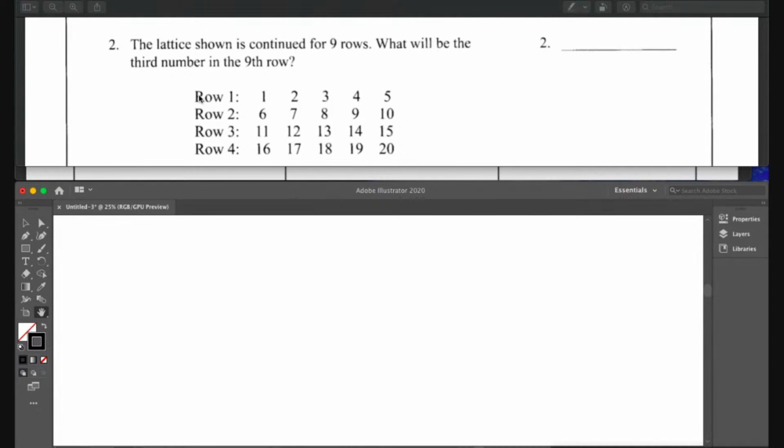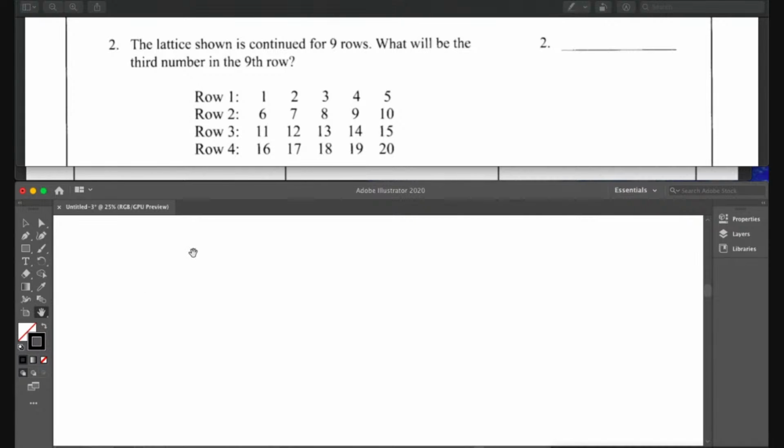Okay, so now number 2. The lattice shown is continued for 9 rows. What will be the third number in the 9th row? So we just have rows of numbers, and each row has 5 numbers.